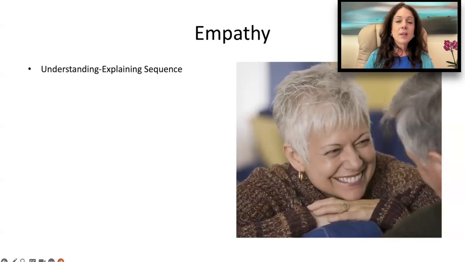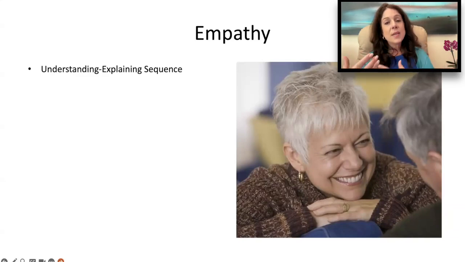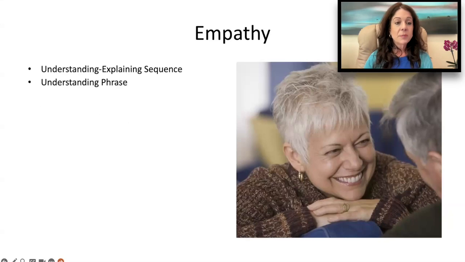So with empathy, there is what they call an understanding, explaining sequence. Empathy typically looks a bit different in psychodynamic than it does in humanistic. In psychodynamic, you will tend to have a more cognitive expression of empathy, whereas in humanistic, they are talking about being congruent, a much more present, felt emotion. That said, there is a spectrum here.